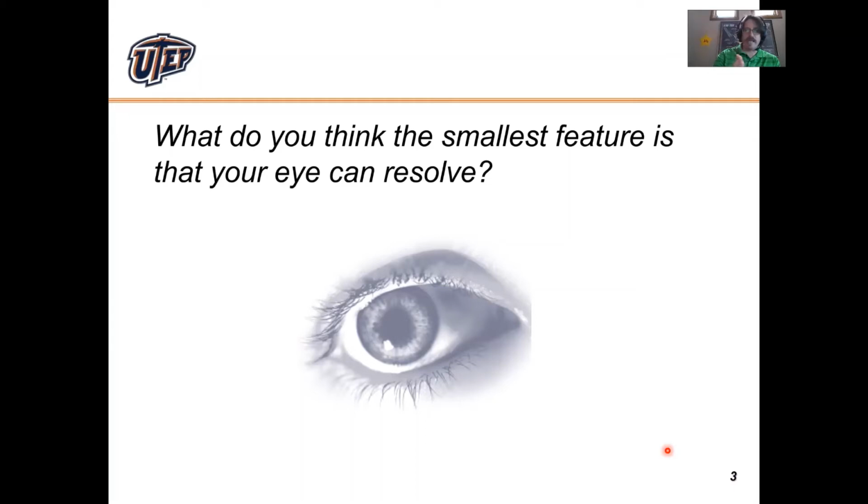So I always ask students this: what do you think the smallest feature is that your eye can resolve? We'll talk a little bit about the difference between resolution and magnification as the course progresses. We'll give a couple of seconds. What do you think the smallest feature is that your eye can resolve?